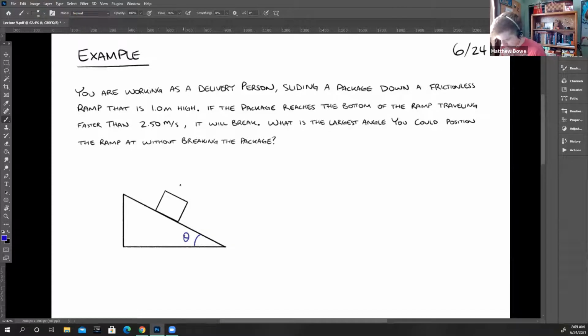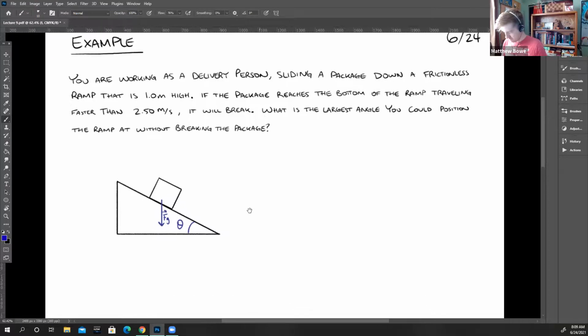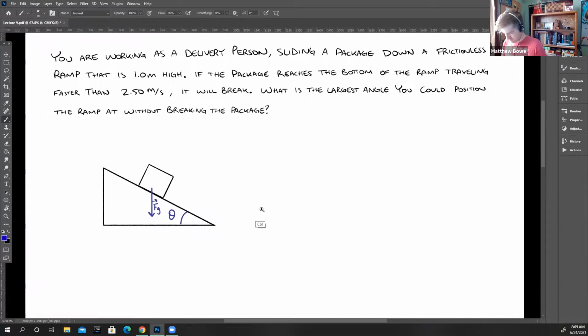So I'll just go like this, directly downward. That is the force due to gravity. I'm going to say Fg. And that is a vector like that. Let me, for a moment, zoom in just a bit more.